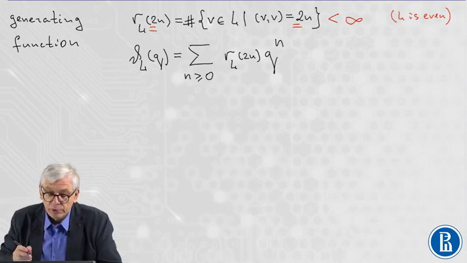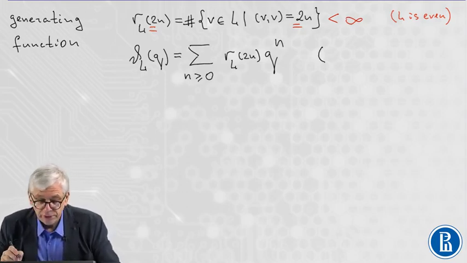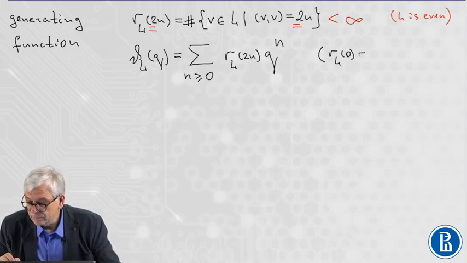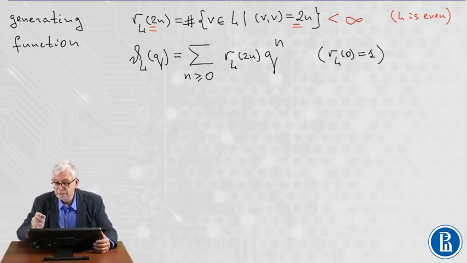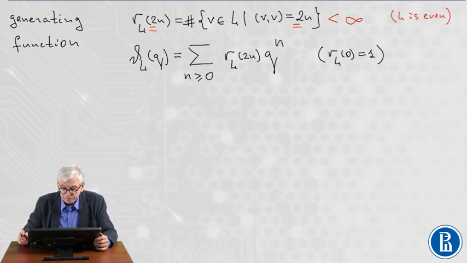Certainly the first term of this generating function is 1, because the lattice is positive definite. This is a formal function.